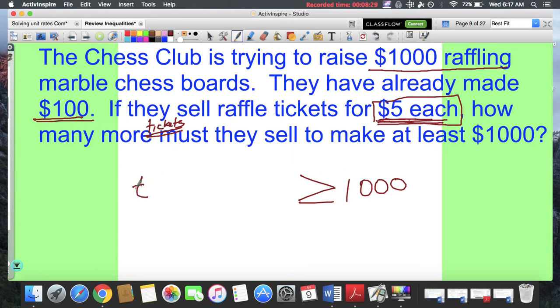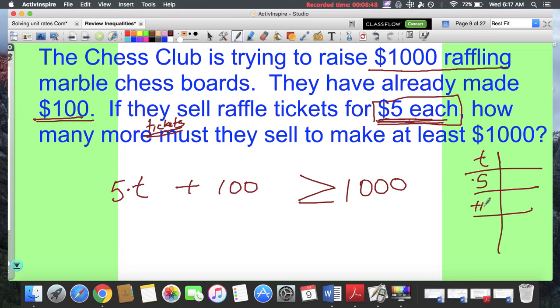Each ticket, T, is $5. So there's our relationship. And it says that we already have $100. So how many tickets do I need to sell in order to get 1,000? So you can remember your story. Variable T times 5 plus 100 is greater or equal to 1,000.